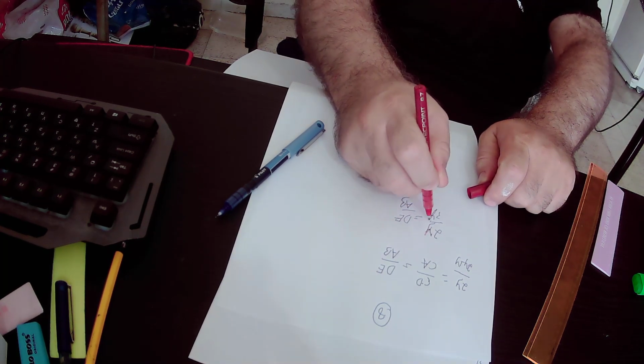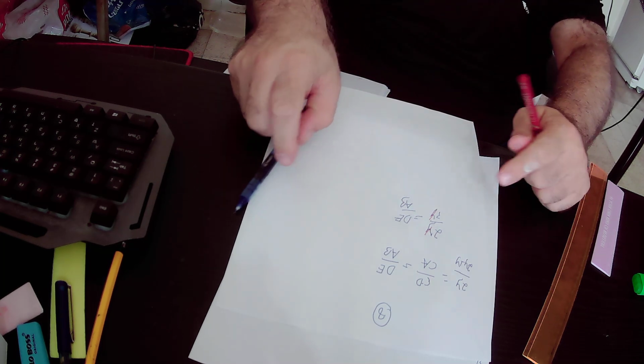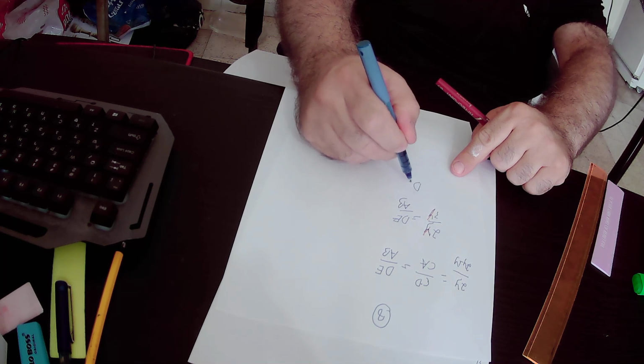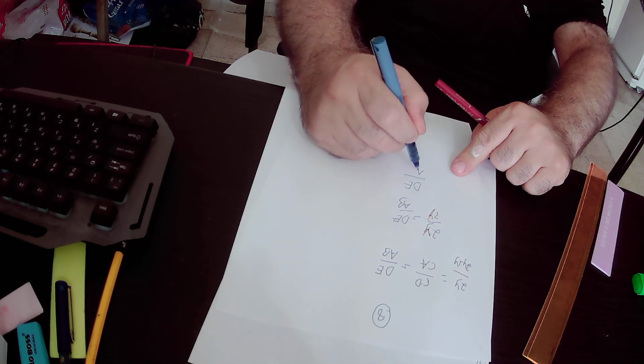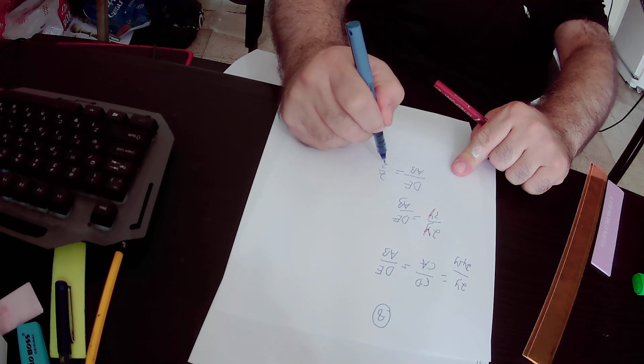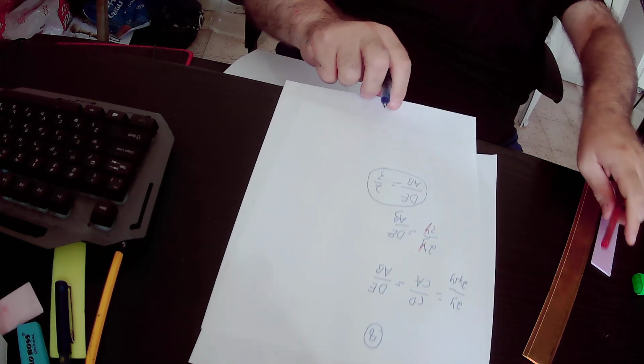What is left is DE over AB equals 2 over 3.